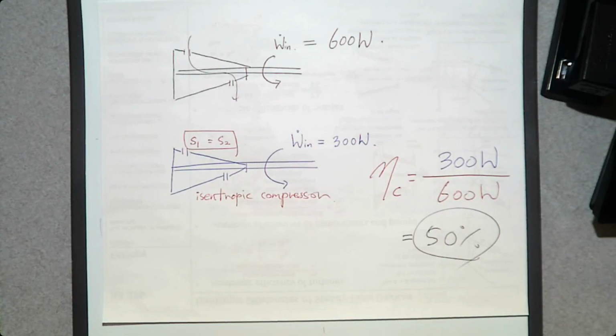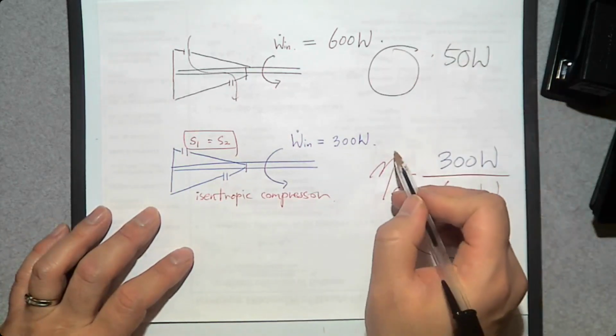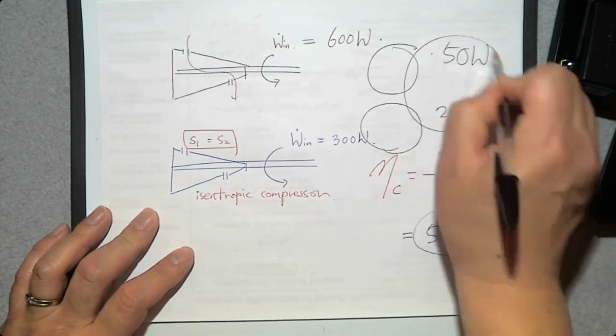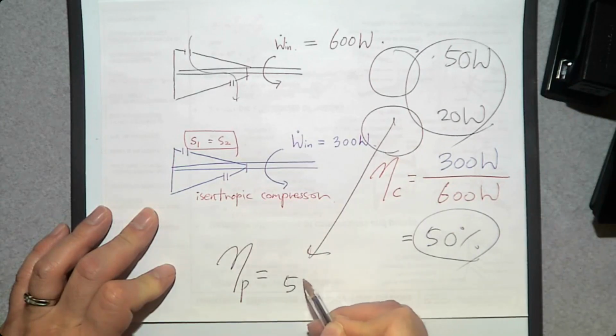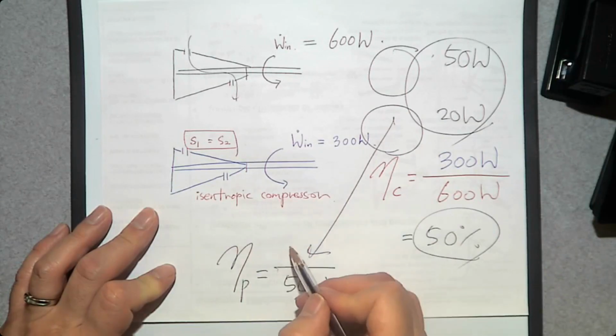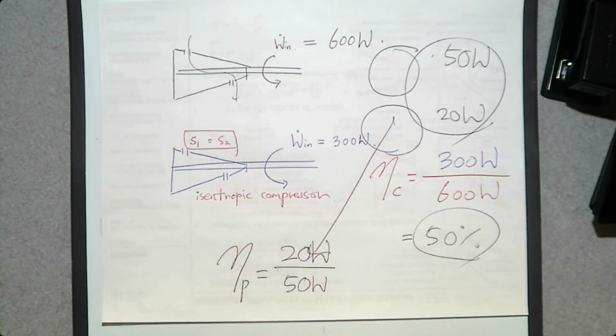You can also apply it to many other devices. What about a pump? For the same pumping job, my pump consumes 50 watt, and the isentropic pump consumes only 20 watt. Then what is the isentropic efficiency of the pump? My pump consumes 50 watt, but the isentropic pump, the ideal pump, only consumes 20 watt for the same pumping.